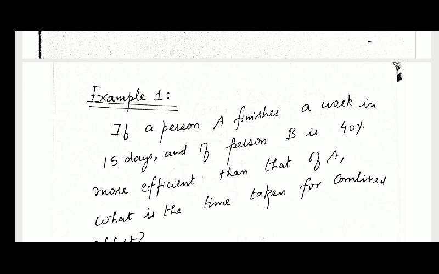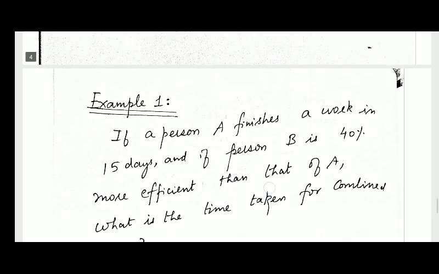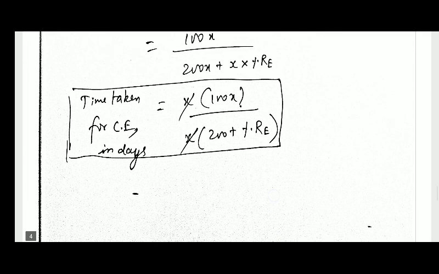If a person A finishes a work in 15 days and person B is 40% more efficient than A, then when will the task be completed? What is the time frame for the task completion for the combined effort? This is the question being asked. We can straight away use this particular shortcut formula, which is 100x by (200 plus percentage RE), where x refers to the individual time taken by A to complete the task.